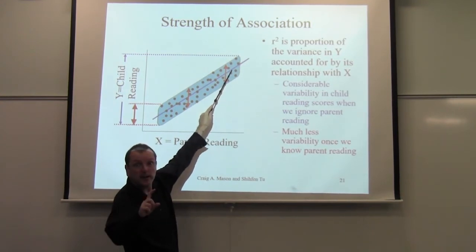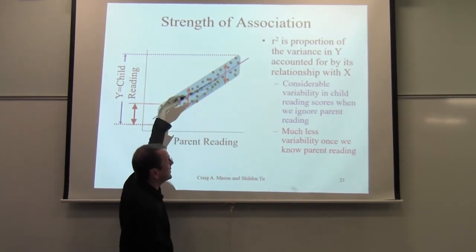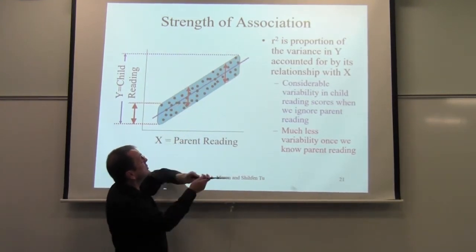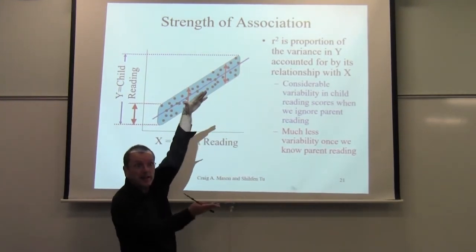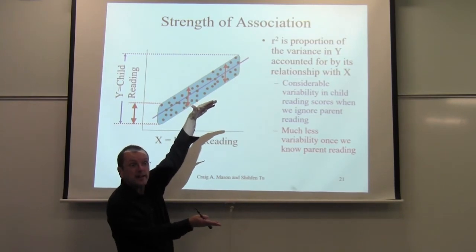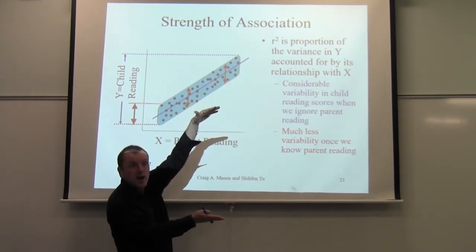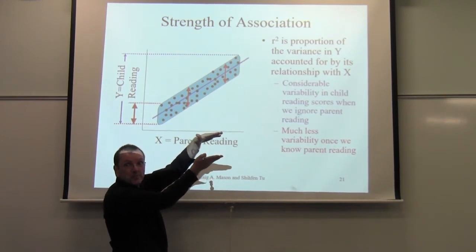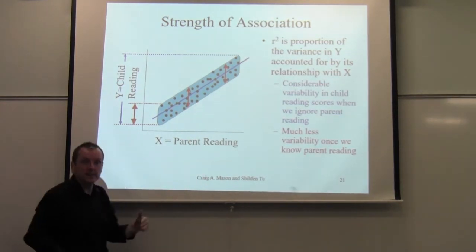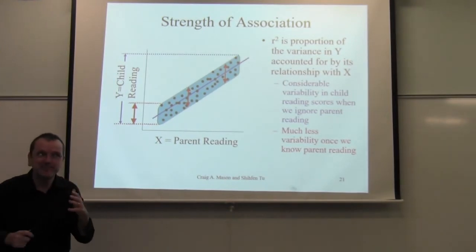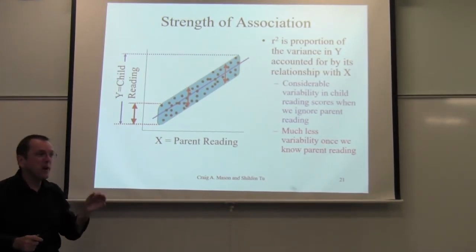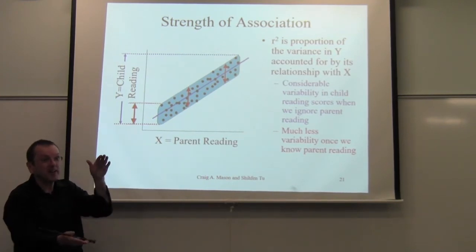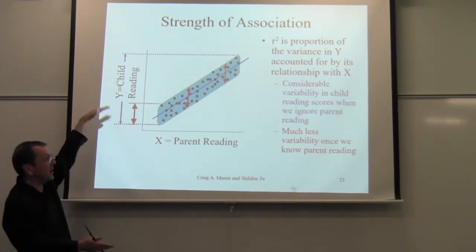And the variability, I'm not guessing anywhere in this range anymore. It's much smaller. They're somewhere in a much tighter range. I'm not left blindly guessing anywhere in this range. I've whittled it down to, they're somewhere in this range. That's the idea with R squared. Now, of course, notice with R squared we're talking variance, which is squared, and these aren't squared values.